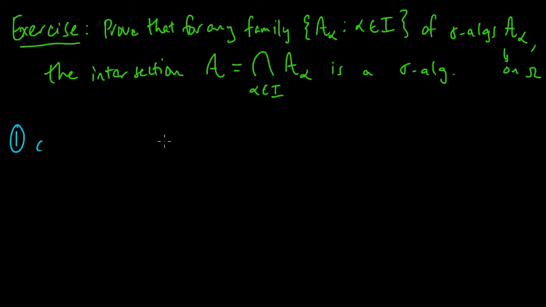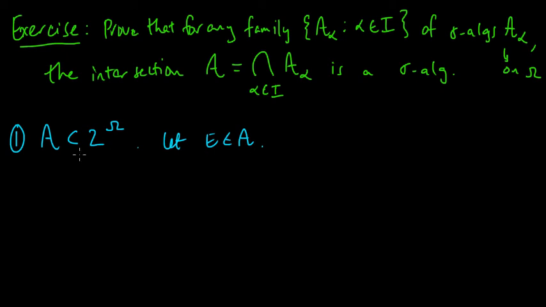We need to check that A is contained in the power set of omega. Just the basic thing. And so if you want to show that something is a subset of another thing, you say, okay, take something over here, so let E be a member of this, and then we need to show it's in this side.